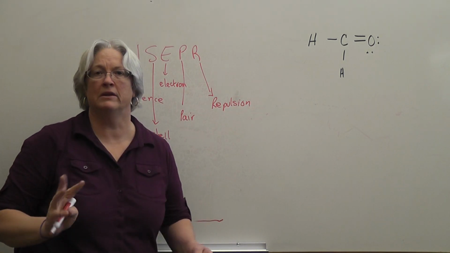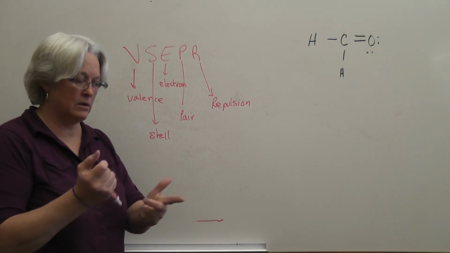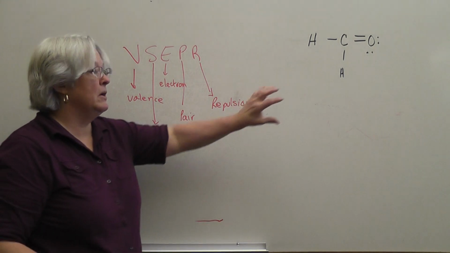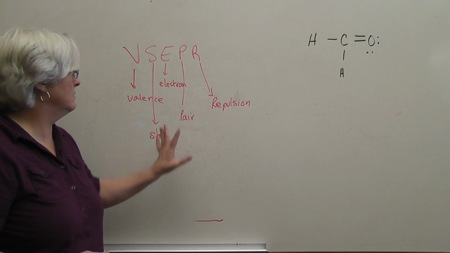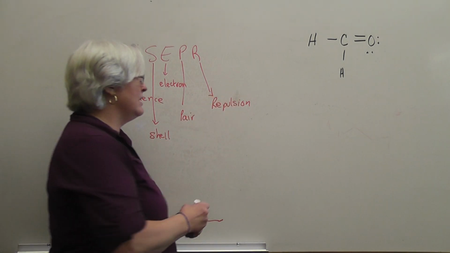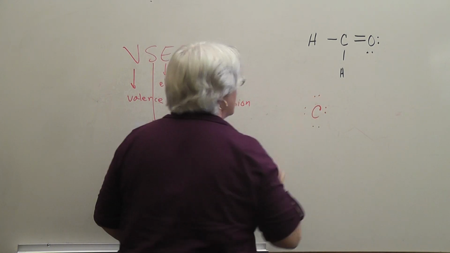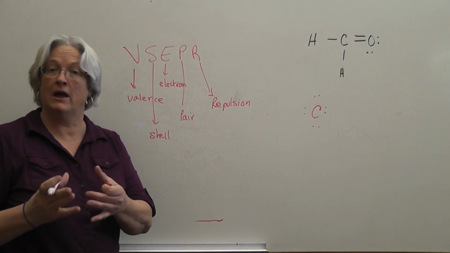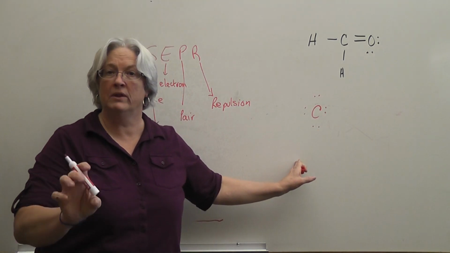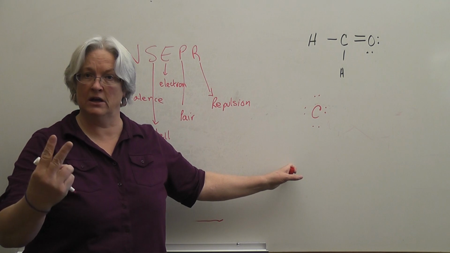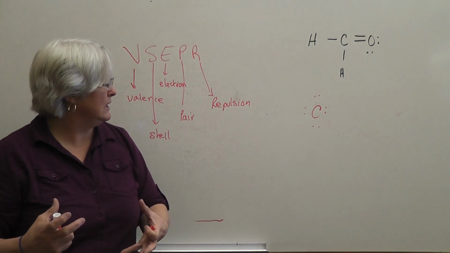The only thing in here that might not make sense right away is this pair repulsion. All this stuff that we do with molecules has to do with valence electrons. It's the outside part, so it's the shell, and electrons. Now in your Lewis structures, atoms can have at most 8 electrons around them, and that's what they're looking for, with the exception of hydrogen, which tries to have 2 electrons in its outer energy level, just like helium does.